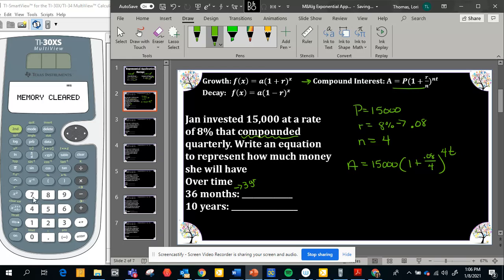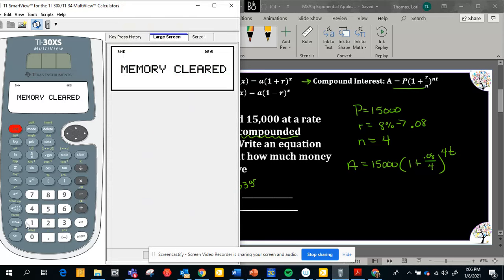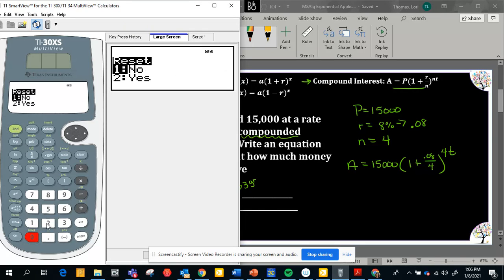So let's go to our calculator. I have cleared it. To clear the calculator, it is going to be second, 0 for reset, and then I click 2 for yes.